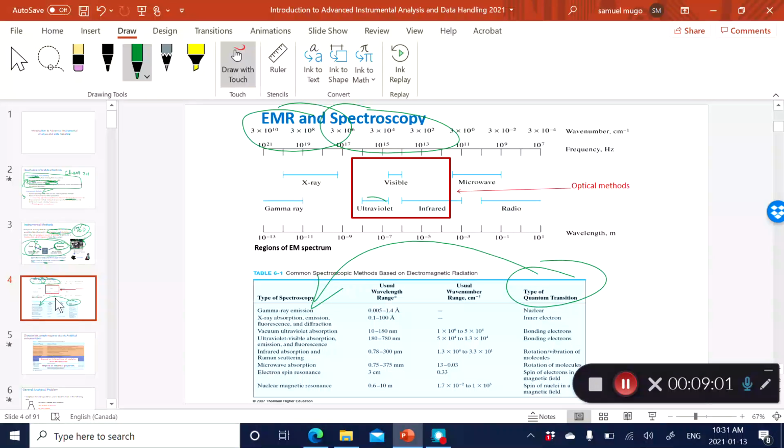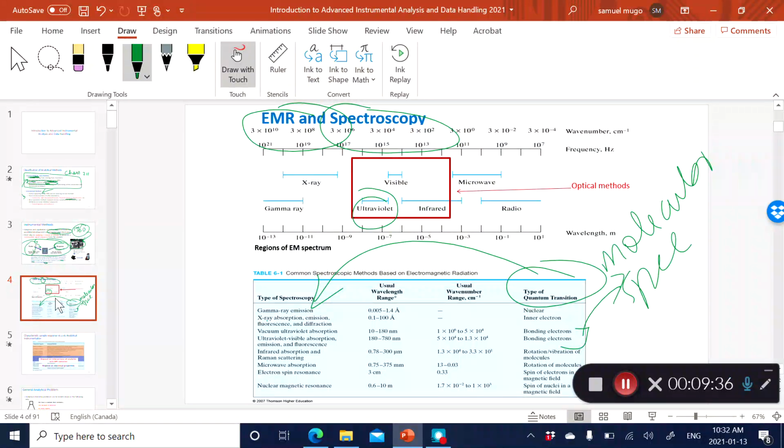For example, if you use, say, ultraviolet radiation, we know it's fairly energetic and it causes electronic transitions of the bonding electrons. And so for that reason, it can be used for molecular spectroscopy, because of course bonding electrons are only present in molecules, because the outermost electrons are involved in bonding. So you can use it for molecular spectroscopy, for example.